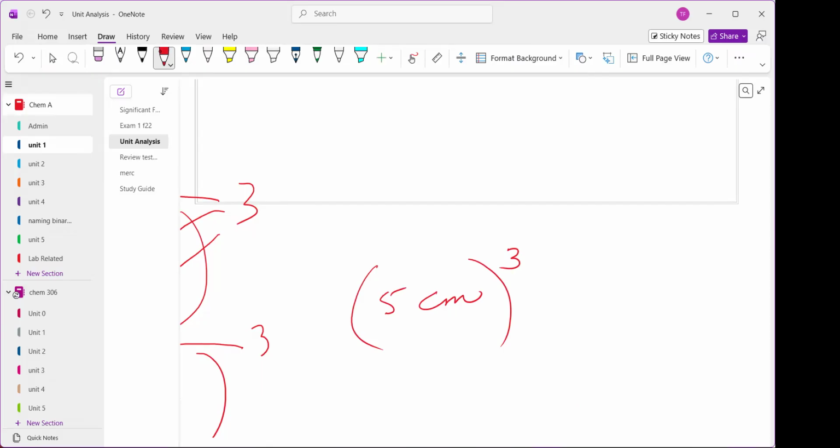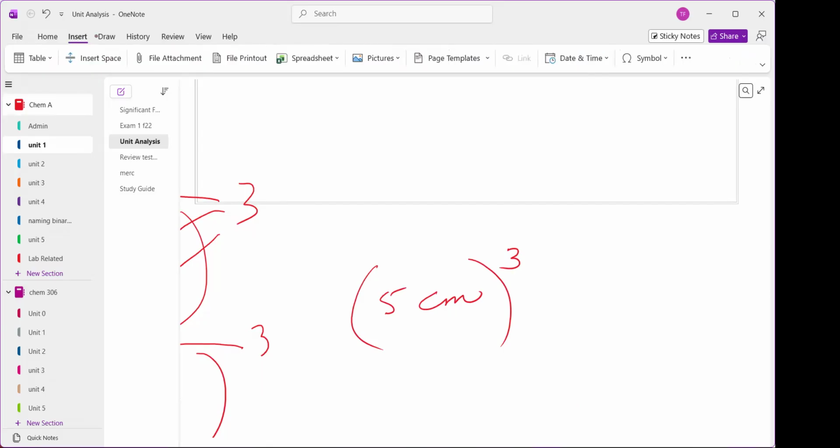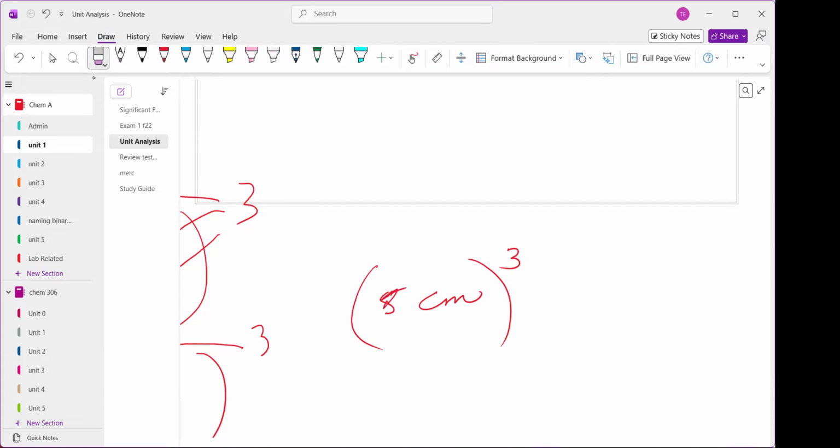And let's say we wanted to convert from a cubic inch to a cubic centimeter.